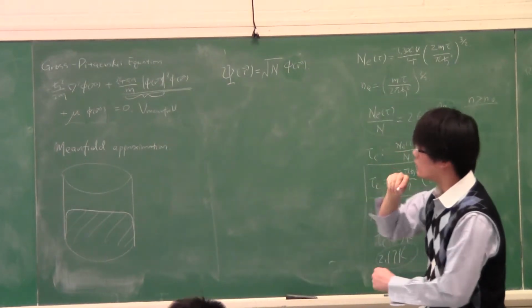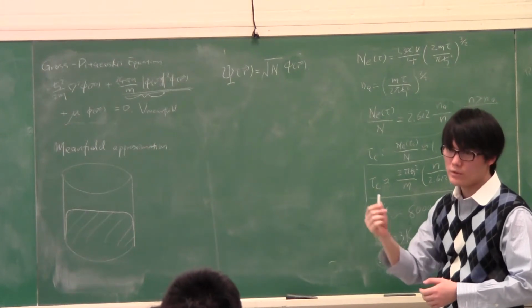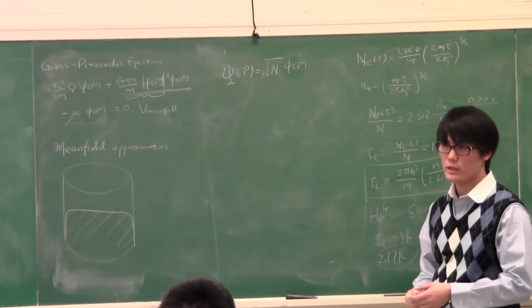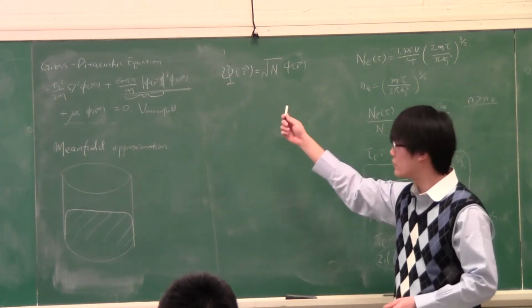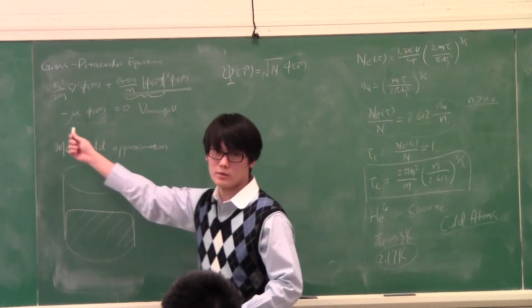Now everything is the same because we said that every particle behaves the same way. The overall wave function is no different from the single particle wave function if we think about its behavior governed by this equation.